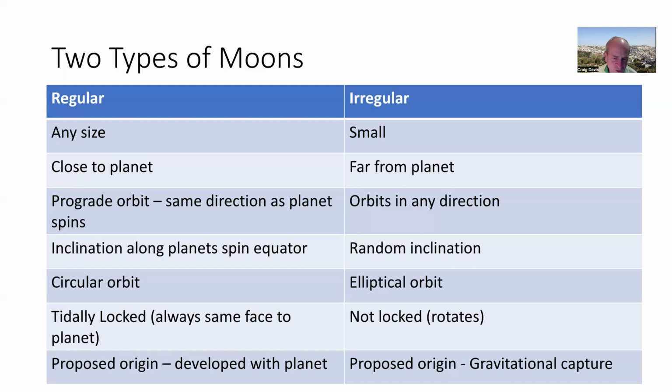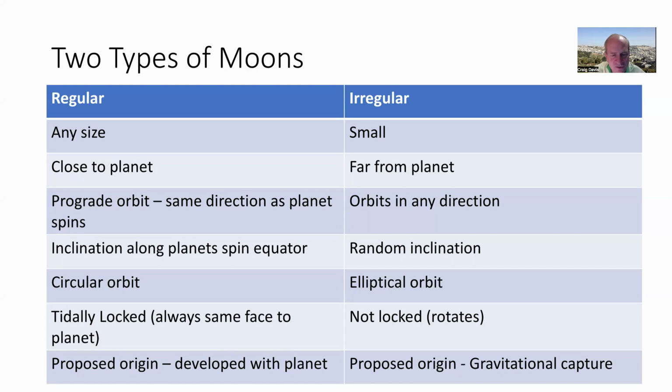In the present solar system, the way we're set up, we basically could never capture anything in a planet's gravity, nor could we create a regular moon that came off the planet. So they tend to like to point to some previous type of solar system which produced those things. But anyway, those are regular and irregular moons.